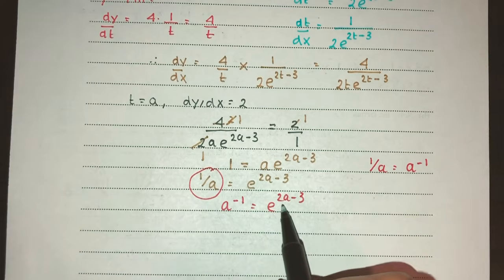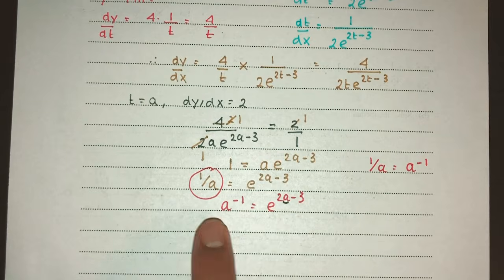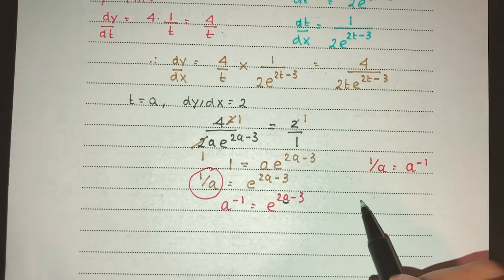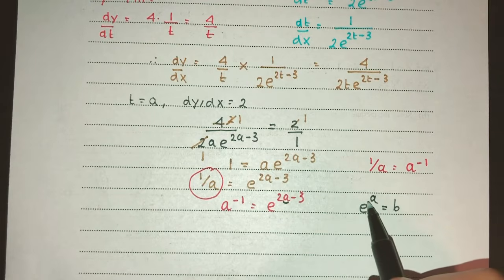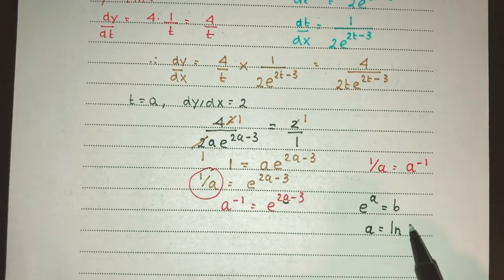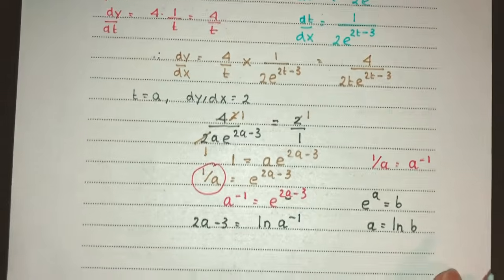Now we have to make a the subject of the formula, so we have to send exponential over here. How can you do that? Whenever you have exponential of a value a and you want to eliminate this, you can always write a is equal to ln of b. In the same way, you will have 2a minus 3 is equal to ln of a power minus 1.